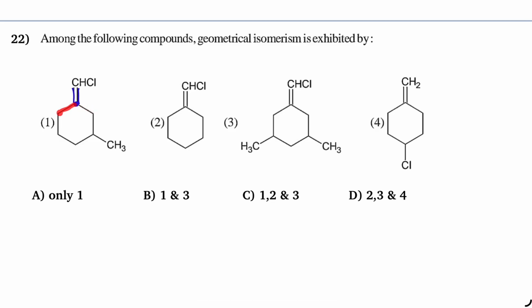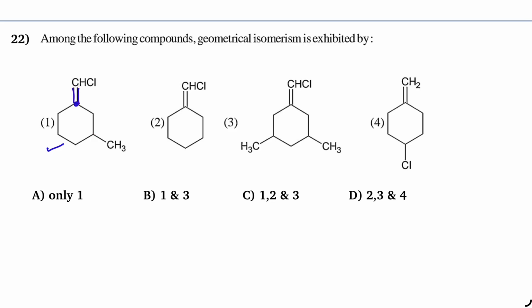Maybe you are getting confused by seeing these two groups, but you have to see the continuation. Next we have a secondary carbon, but here we have a tertiary. Not only these two carbons, there is a continuous chain. You have to consider the remaining part as well. Here we have a CH2 which is a secondary carbon. Here we have a tertiary carbon. So this carbon is satisfying the condition, this carbon is also satisfying the condition. So this is a geometrical center.